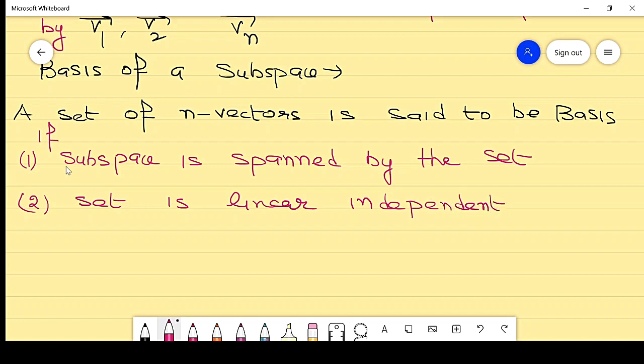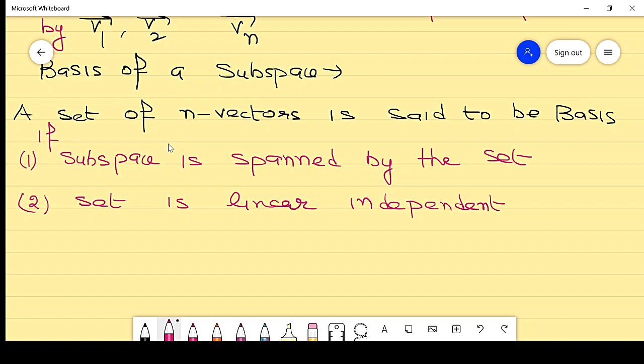So we have two parts. One is that the set must be linear independent, and second is the subspace is spanned by that set, then it is called a basis.